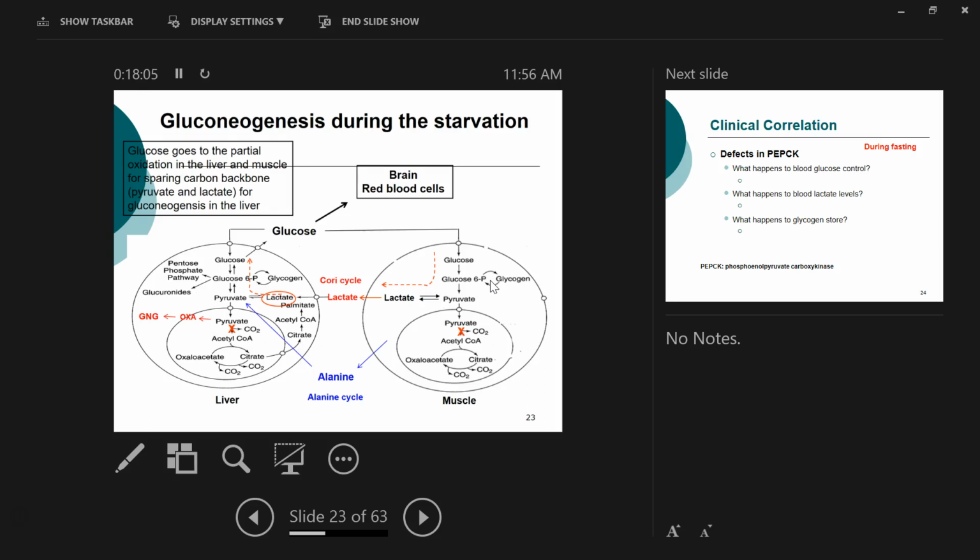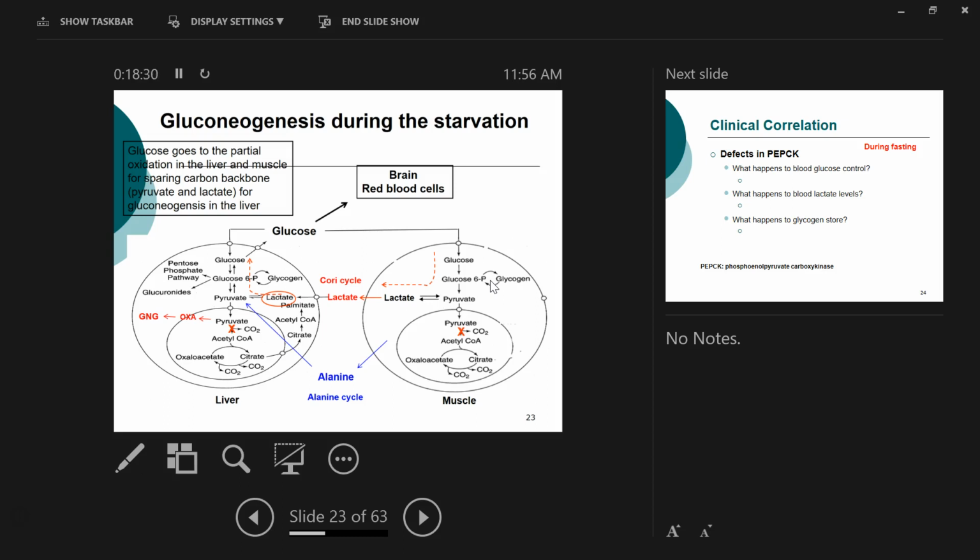So this is the last slide I'm going to talk about today. Let's put everything together and think about gluconeogenesis during starvation, which particularly involves the liver and the muscle. I think I have not talked about the kidney yet.